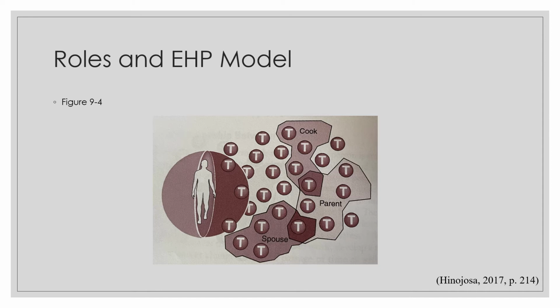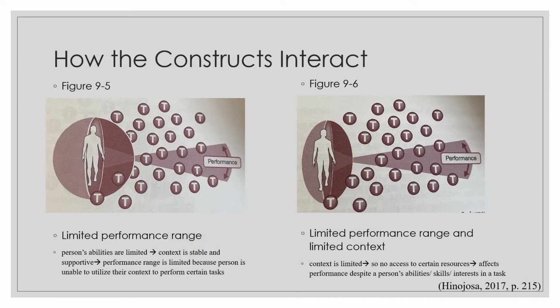So these are the two figures that I was referring to from the Hinojosa text, page 215, that I had mentioned to pay attention to the narrower performance ranges. In figure 9.5, there's a typical size person and context bubble. However, the performance range is smaller because it is showing that it can be affected by a person's abilities.